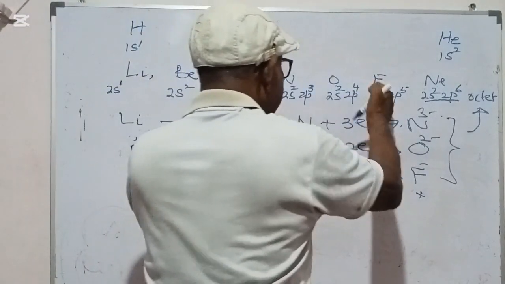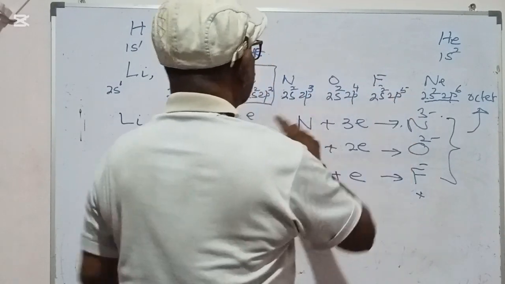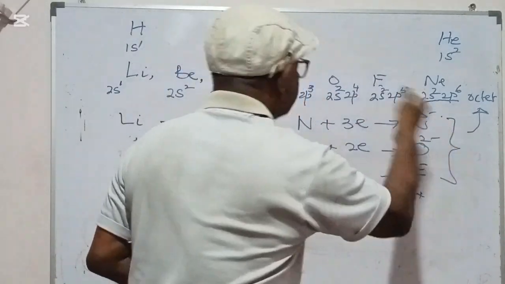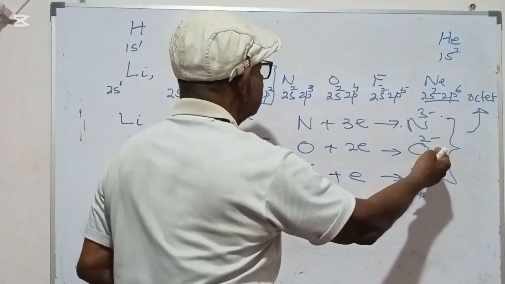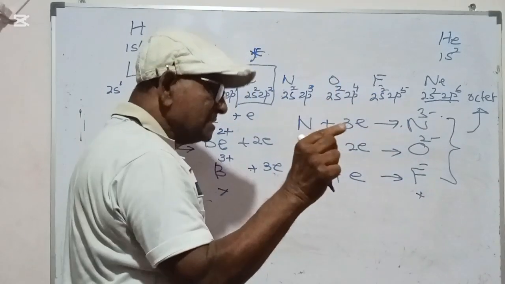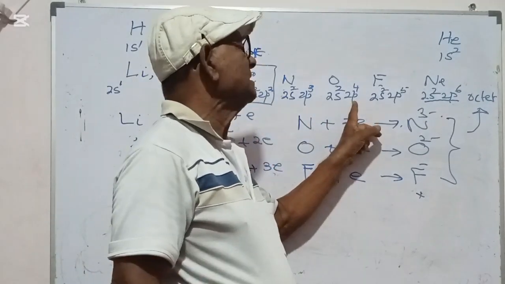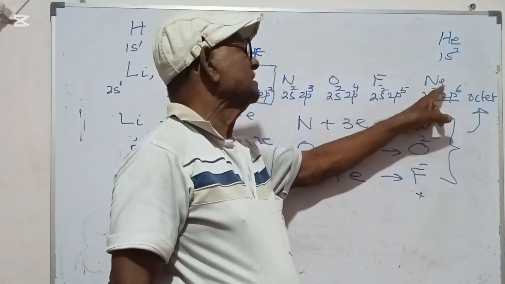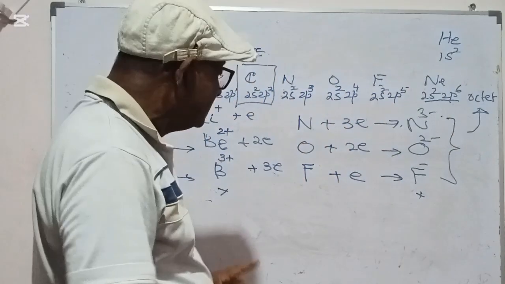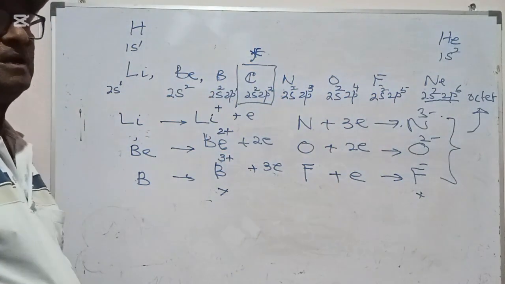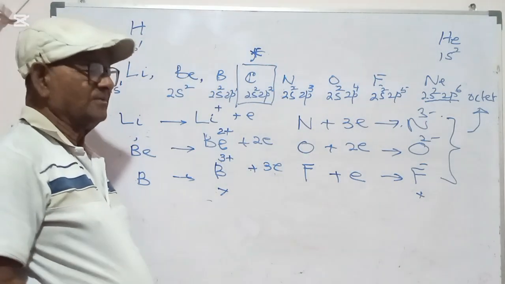The three elements on the right side of the period gain electrons to form negative ions. How many electrons do they gain? To complete the configuration of neon. Right? This is the method of formation of positive and negative ions. I think it is clear for you.